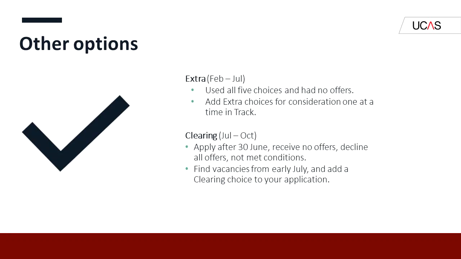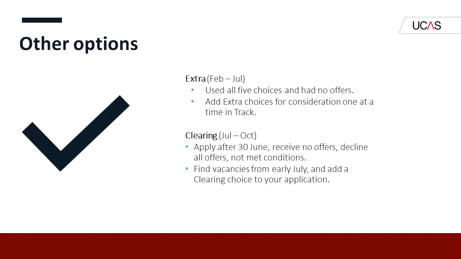If you've used all your 5 choices and had no offers, then between February and July, you can add in extra choices for consideration 1 at a time through Track, through a system called Extra. And of course, we have clearing that I spoke about earlier on. If you're applying after the 30th of June, if you've received no offers, if you've declined them all, or don't meet the conditions, you will be put through into clearing.